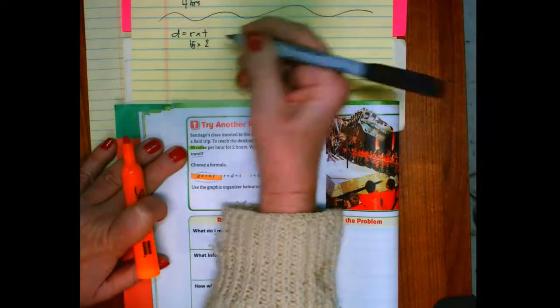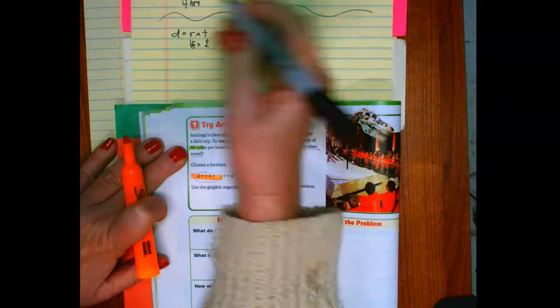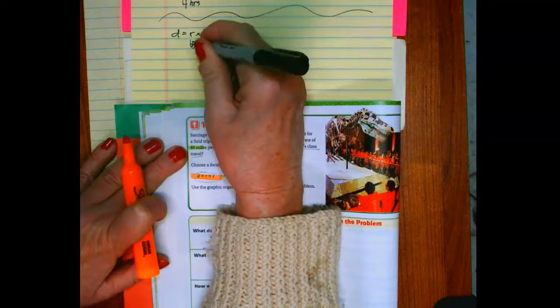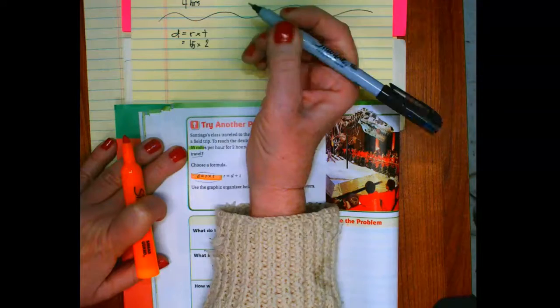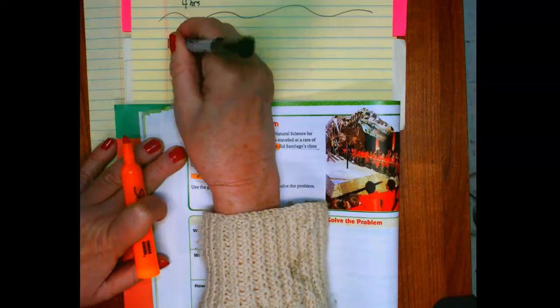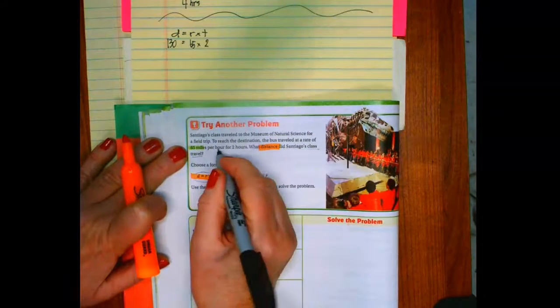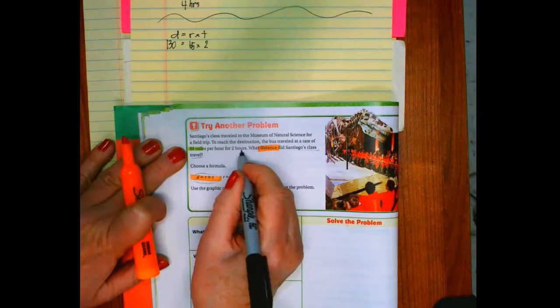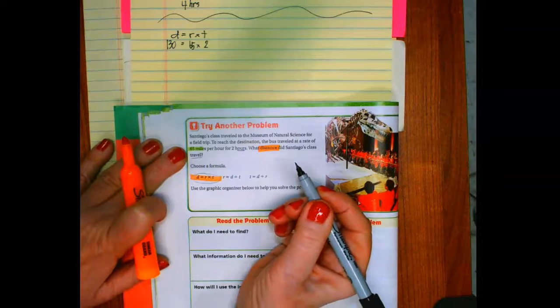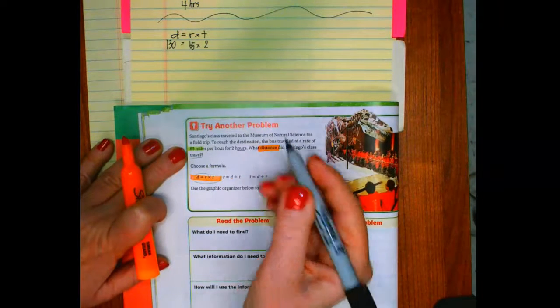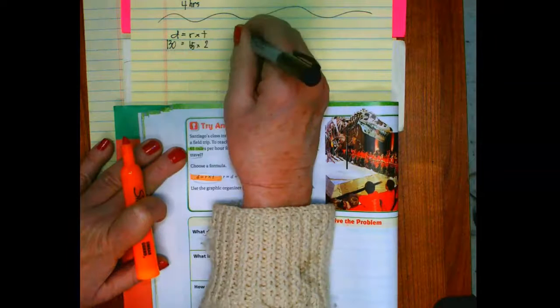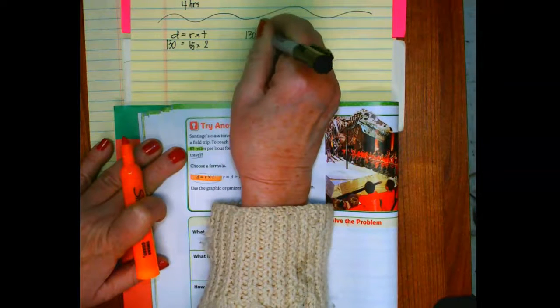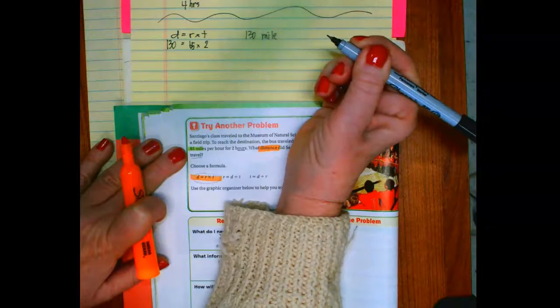I'll go back and color code this later on. And so we simply multiply, which is 130. And since we know that the speed was, if you look in the problem, miles per hour, then we know that the distance was 130 miles.